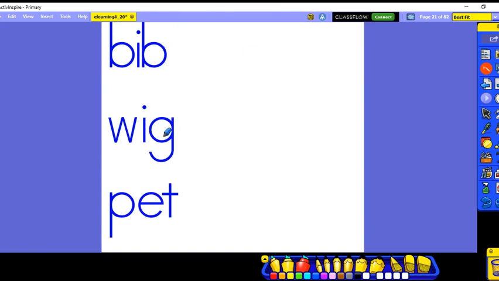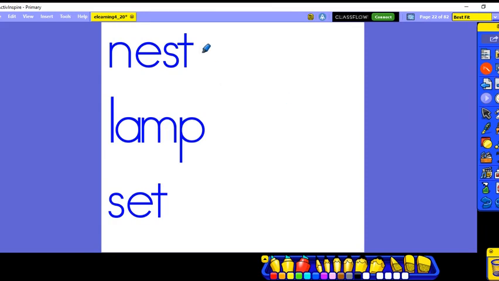Bib, wig, pet. Which words have the same middle sound? Bib, wig. Nest, lamp, set. Which words have the same middle sound? Nest, set.